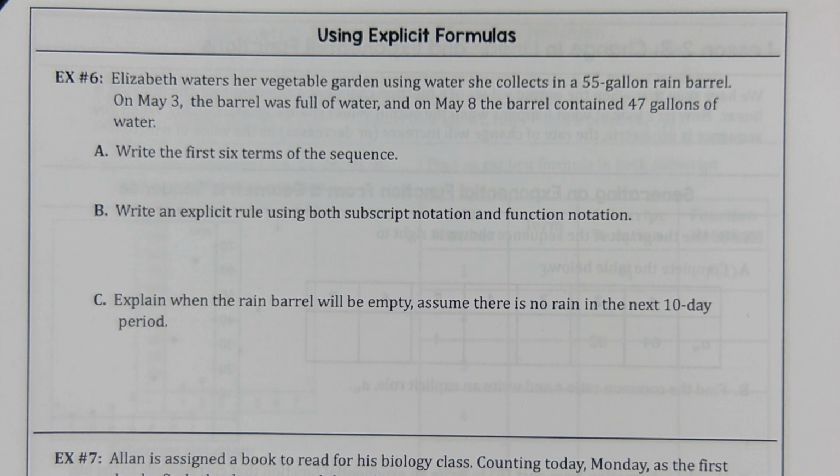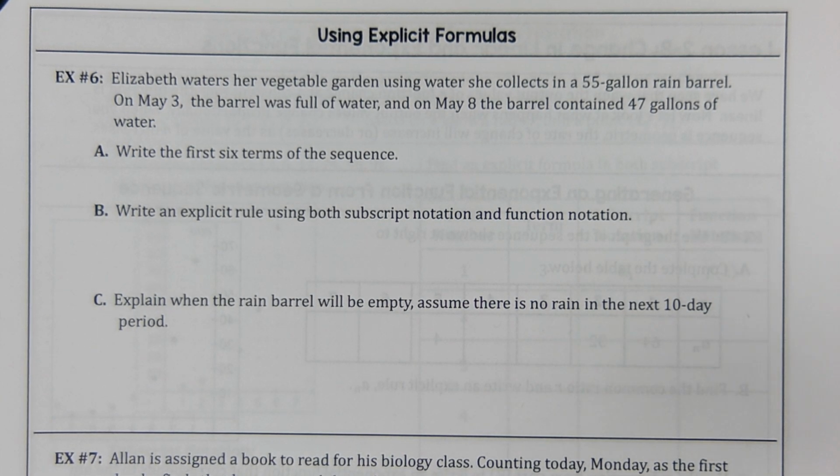On May 3rd, the barrel was full of water. On May 8th, the barrel contained 47 gallons of water. So she's clearly watered these plants. The way that I interpret it, the way that I think it's easiest to do this, is to say that N is the number of waterings that have occurred.